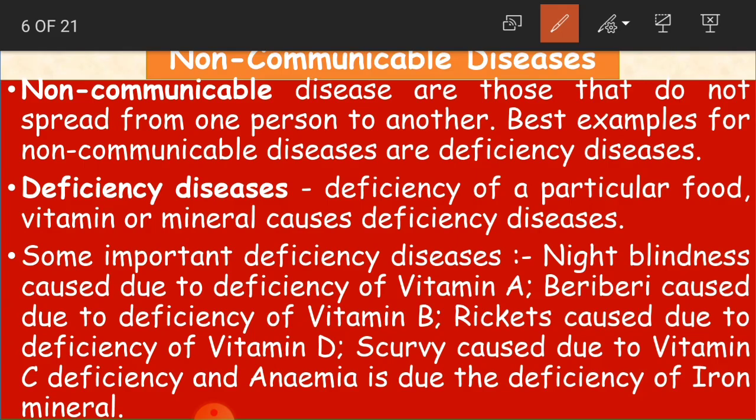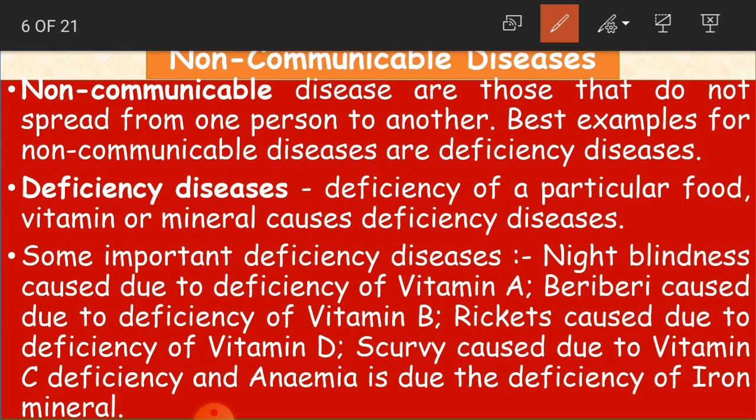Okay, children. And beriberi. Beriberi is caused due to deficiency of vitamin B. Beriberi is also one particular disease. So this is also because of deficiency of vitamin B. Rickets. Rickets is caused due to deficiency of vitamin D. We'll have some bone problems where we will not be able to grow properly.